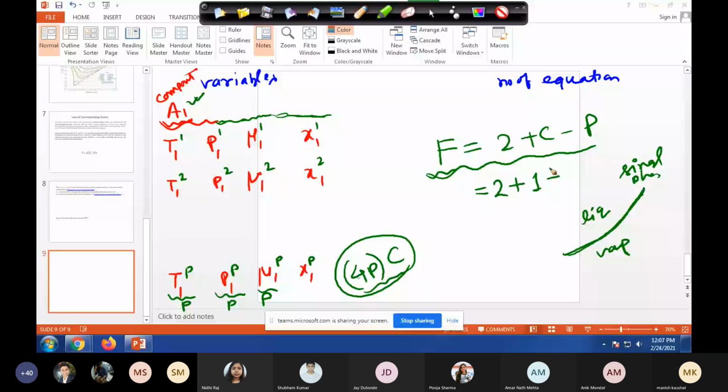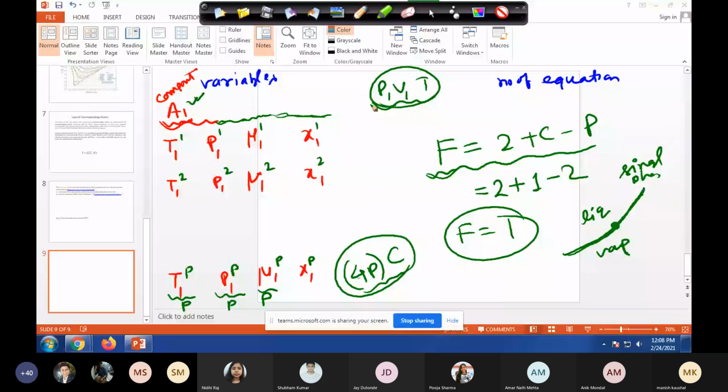1. How many variables you know? P, V, and T. Along the saturation line, how many of these variables you can vary? Can we vary 2 variables? Of course 3 cannot, because we know this is related with equation of state. So can we vary 2 variables then independently on saturation line?